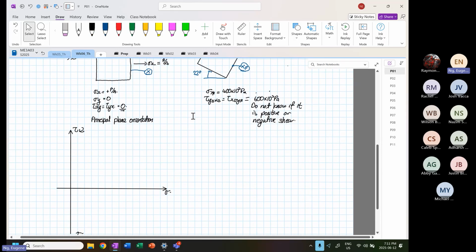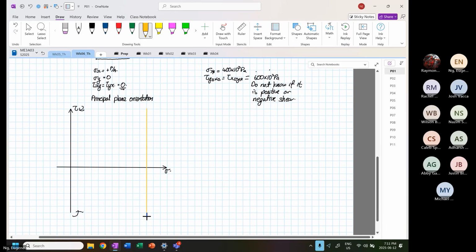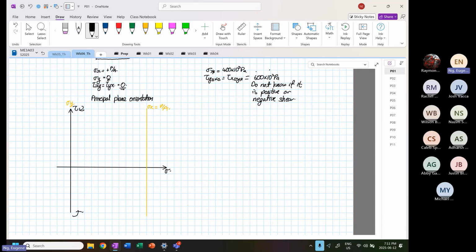So I'm going to sketch a point over here. This is my stress X, equal to P over A. And this is our stress Y line, because the stress is equal to 0.